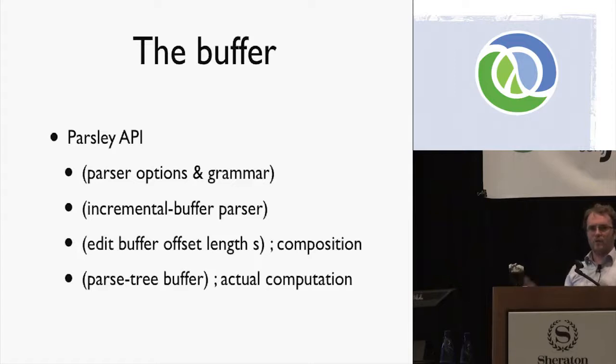Then, with the parser, I create a buffer. It's really a buffer, like a text buffer. You can add characters and remove characters in the middle of the buffer. And you do that with the edit function. And once you have done all your edits, you call parse to perform the actual computation and get the parse.